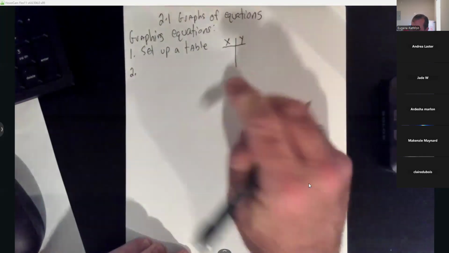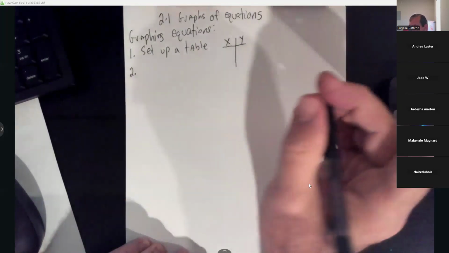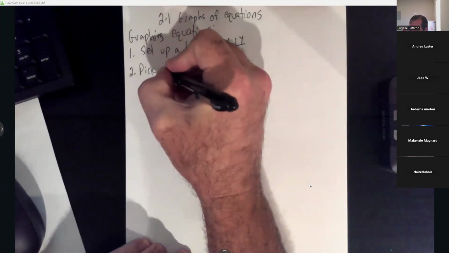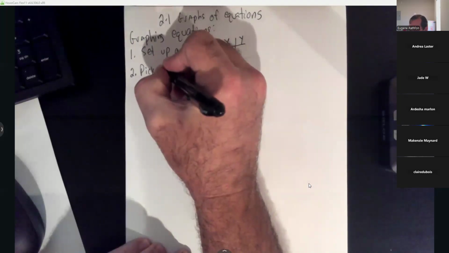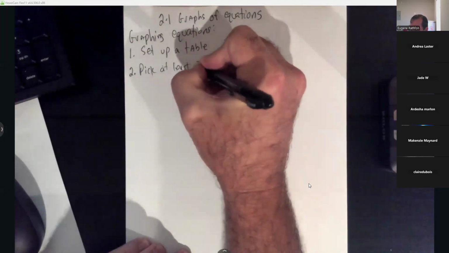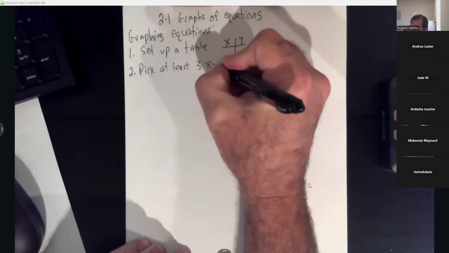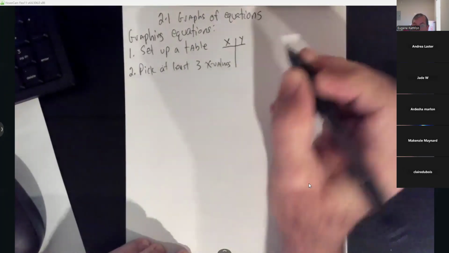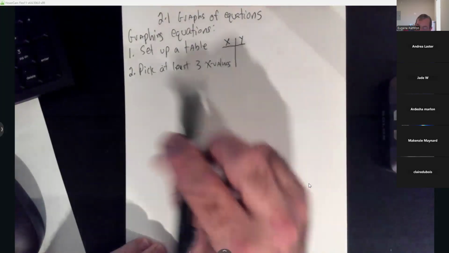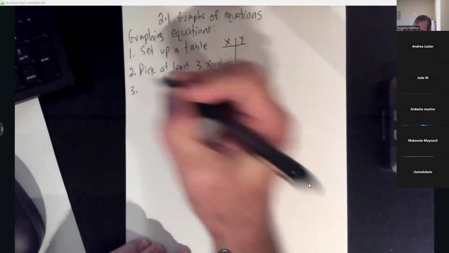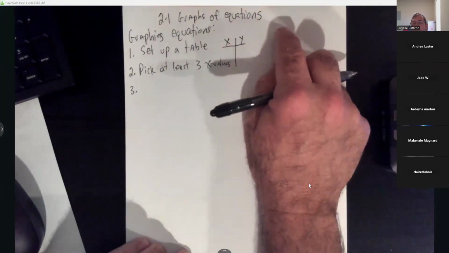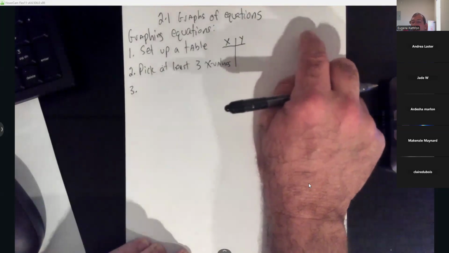At that point, you're going to pick, I usually pick at least three x values. What I'm going to do then is take the three x values and go one by one and plug them into the equation.